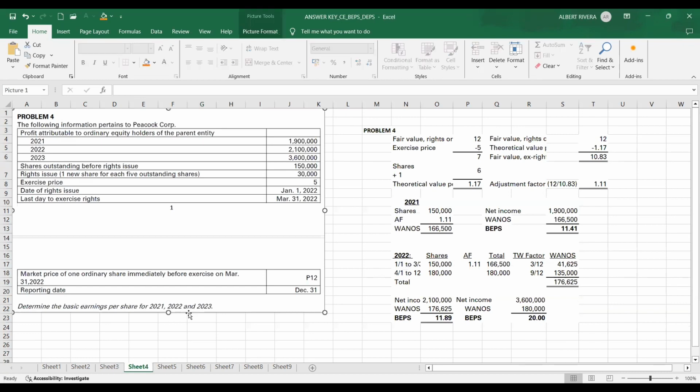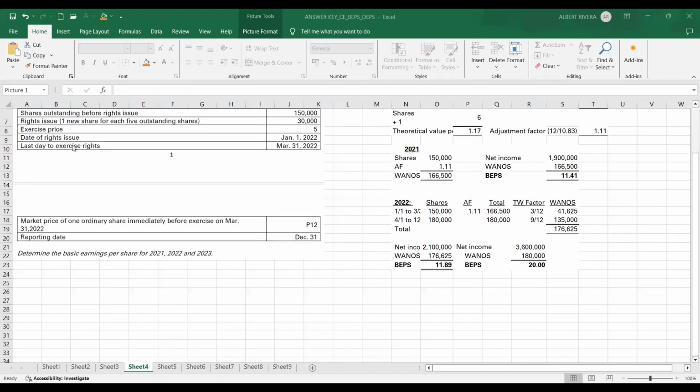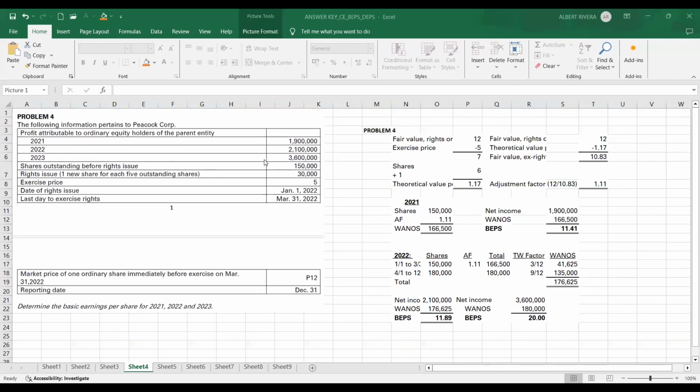So here, problem 4 is once we have the stock rights options. Okay, so here is the stock rights, no? Ang gagamit kasi tayo ng theoretical parity value. Okay?